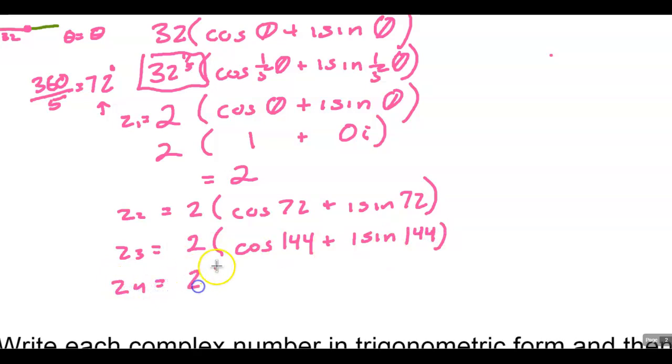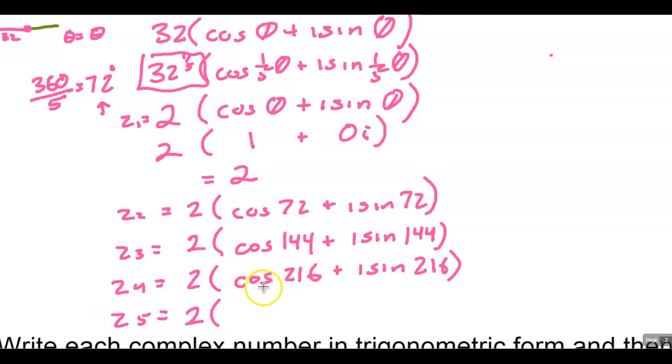And then our fourth solution will be another 72. So that's going to put us at 216. Yes? Okay. I sine 216. And our last solution, fifth root, another 72, which is going to be 288.